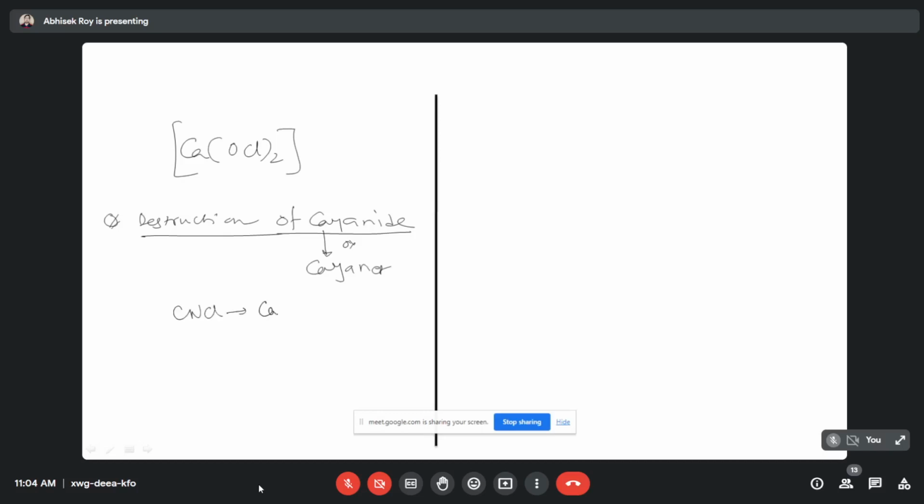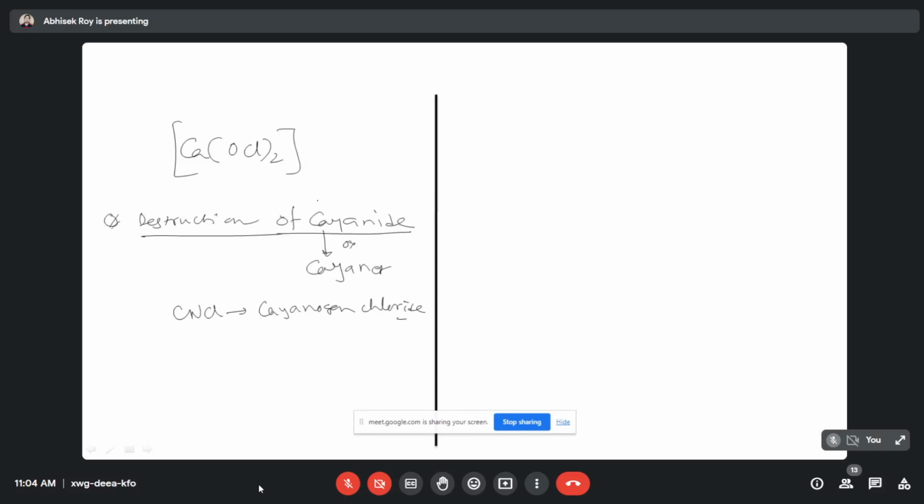CNCl, cyanogen chloride. At a pH greater than 7.5, only OCl minus will be there, but still you have to maintain a pH above 10 so that no cyanogen chloride gas is generated, because if the pH is less than 10, then sometimes cyanogen chloride gas is generated.